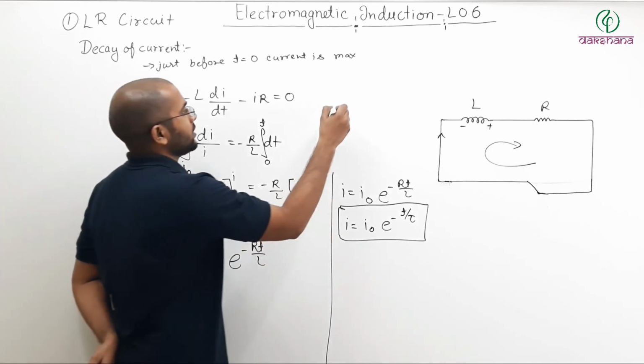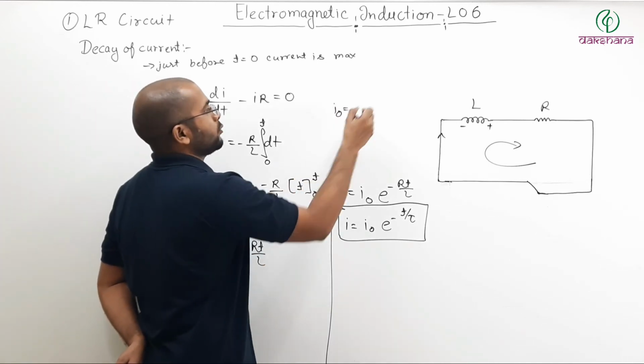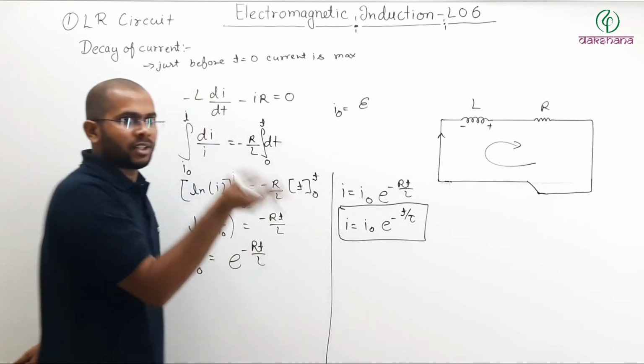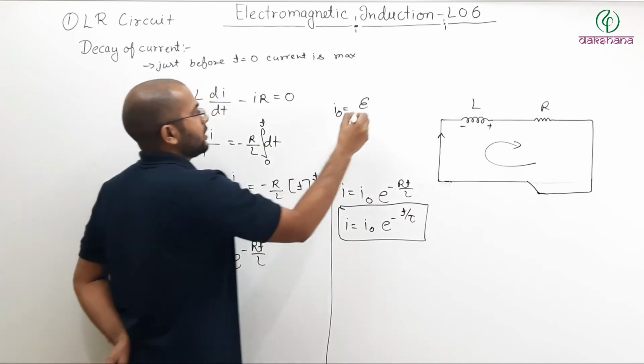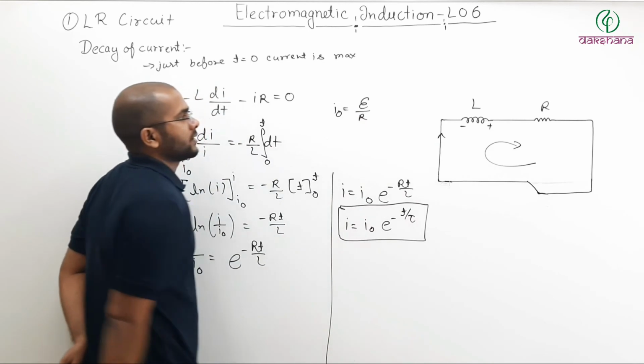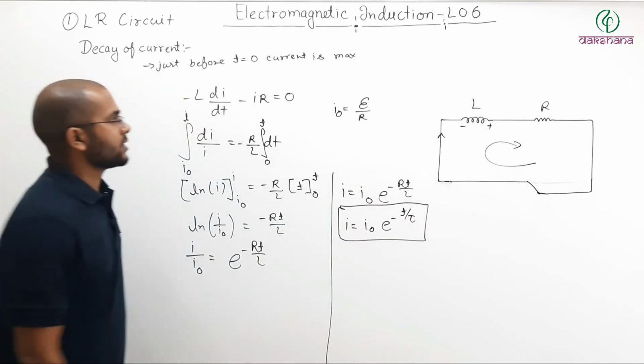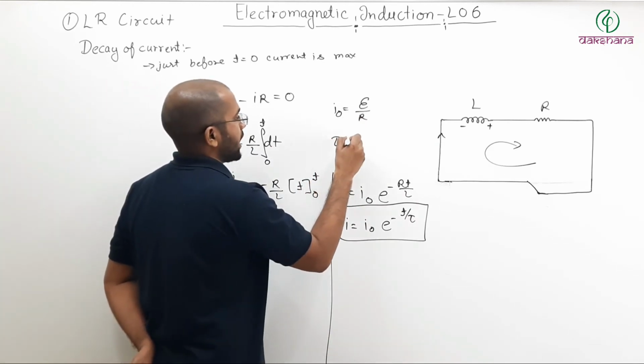What is the maximum current? I naught is equal to the EMF of the battery that was just removed, E divided by R. What is tau? Tau is your time constant.